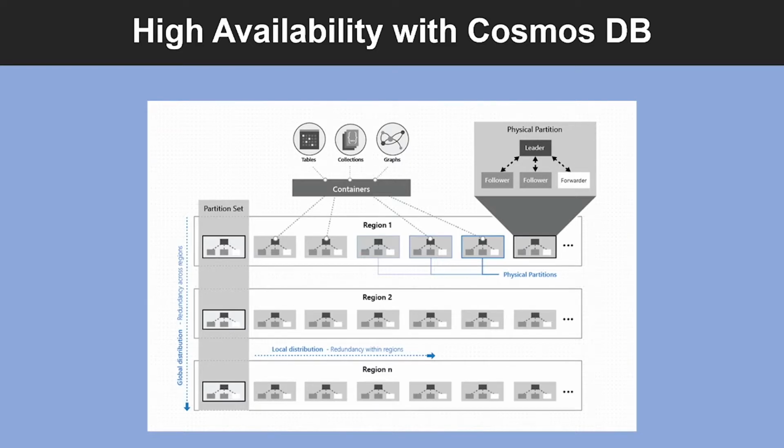Within each region, every partition is protected by a replica set with all writes replicated and durably committed by a majority of replicas. And replicas are distributed across as many as 10 to 20 fault domains. And each partition across all regions is replicated. And each region contains all the data partitions of a Cosmos container and can accept writes and serve reads.